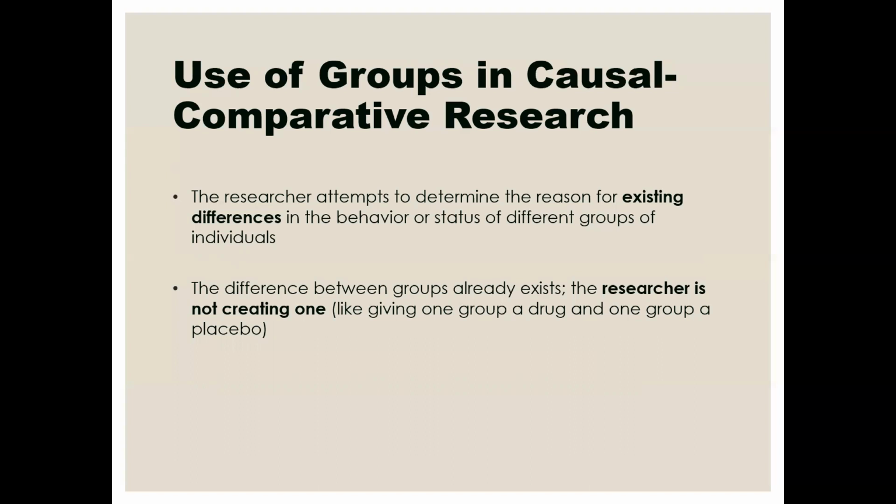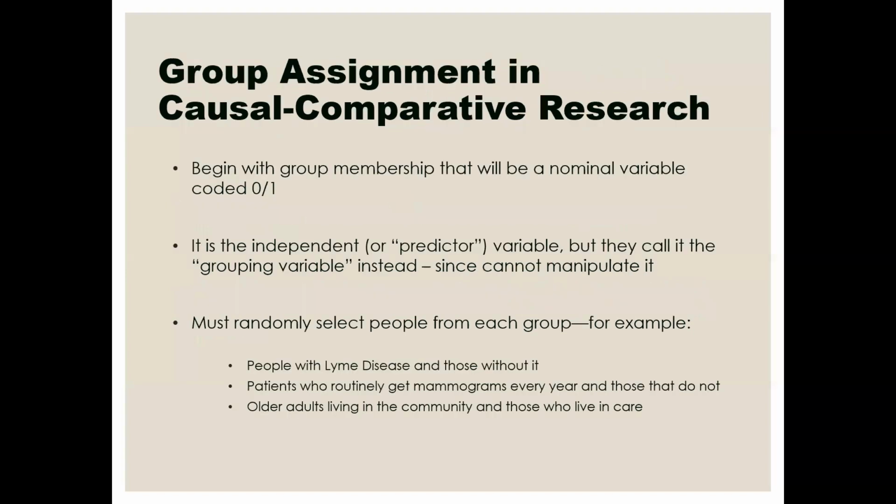One community tends to be wealthy, one community tends to be working class. We could do a causal comparative study of the impact of that natural disaster on both those communities, but we're not adjusting anything, right? We're looking at the existing differences.